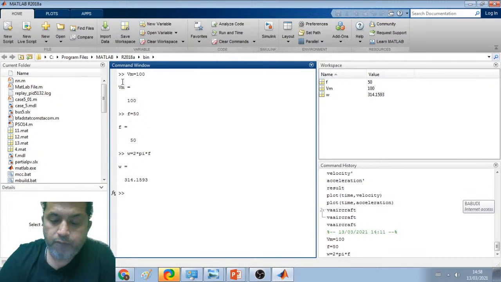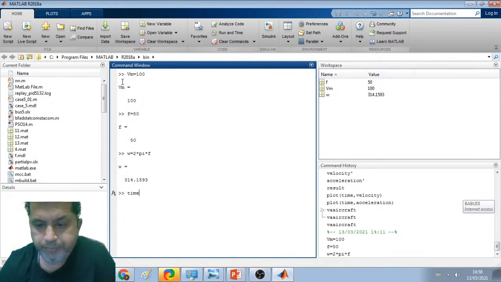I will use time is equal to square bracket, first value is 0, increment is 0.1, then colon, last value is 1.